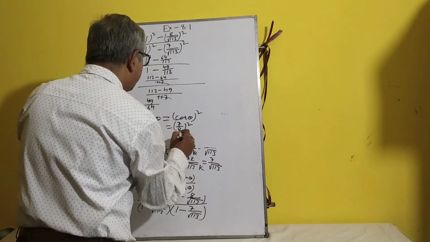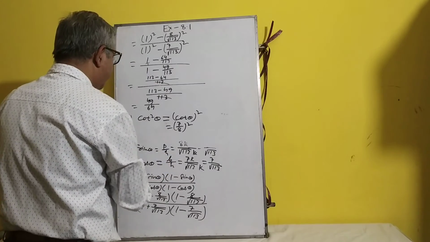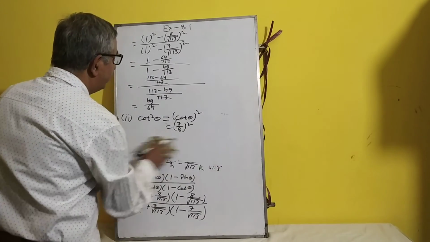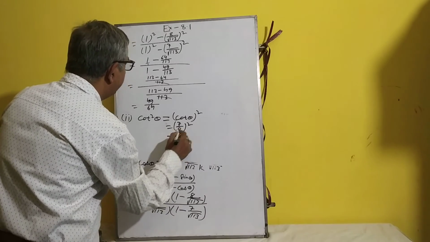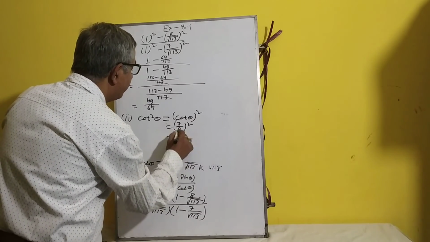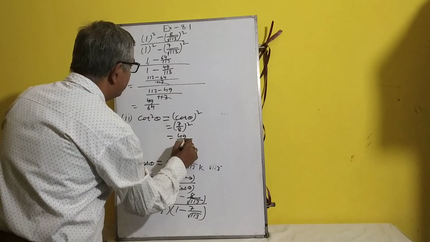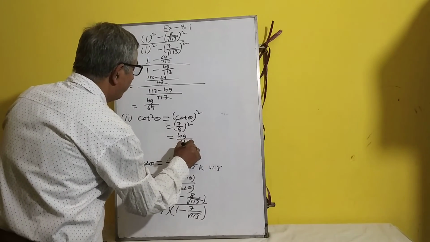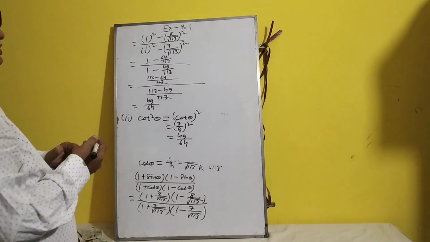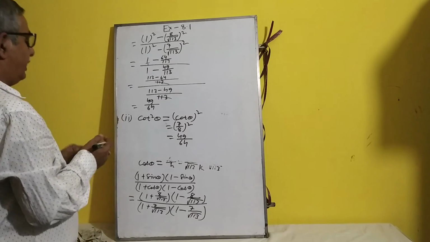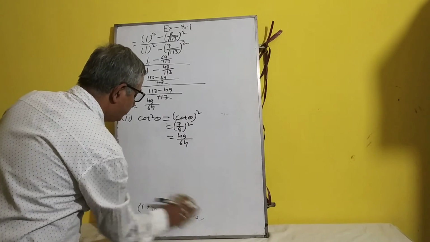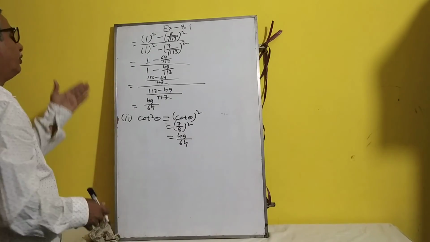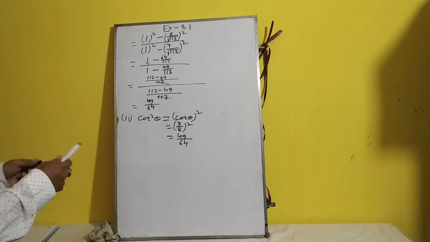So a square, you are getting 7 sevens are 49 and 8 eights are 64. Like that you got the value of cot square theta also, and the value of the first sub question.